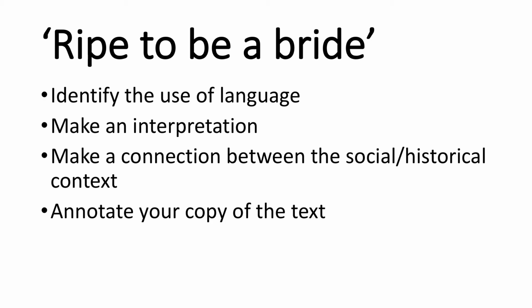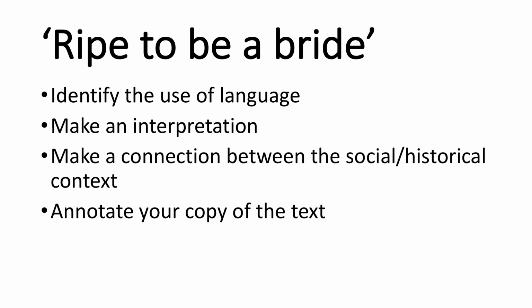You need to do the following four things. Identify the use of language. So think about what kind of language is being used here, which language techniques. In the example that I gave you, there was use of double entendre, there were use of possessive pronouns. You also need to ensure that you make an interpretation of this text. So once you've identified the use of language, make an interpretation. I would perhaps say make the interpretation first and then think about what language device or language technique is being used.